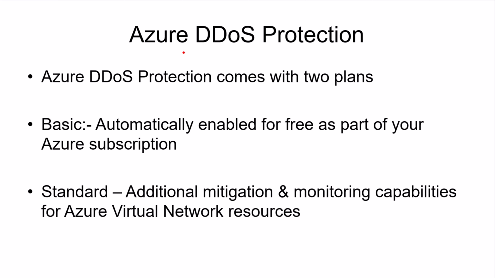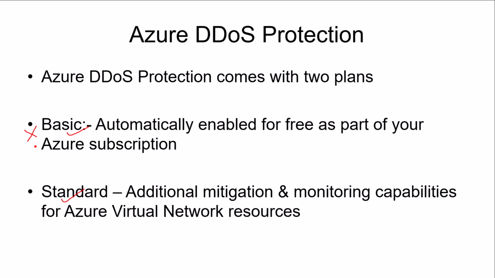Further, there are two plans with DDoS. The first one is the basic one, and the second one is the standard one. The basic one is automatically enabled as soon as you start using Azure resources, so nothing special needs to be done.